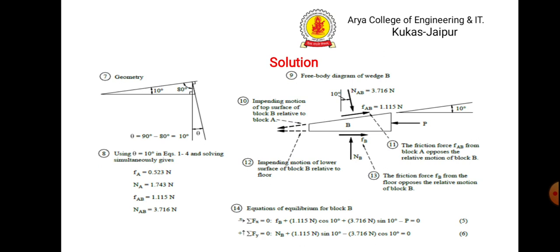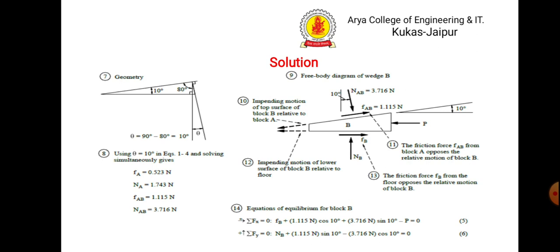So Fab, the frictional force, opposes the relative motion of block B, so it will be in the upward direction. Similarly, Nb is the ground reaction, and the direction of motion will be to the left. So the friction force Fb opposes the relative motion of block B on the floor, so it will be in the right hand direction.